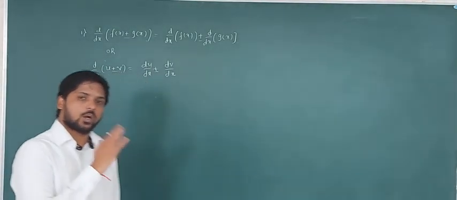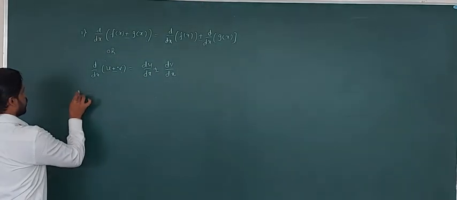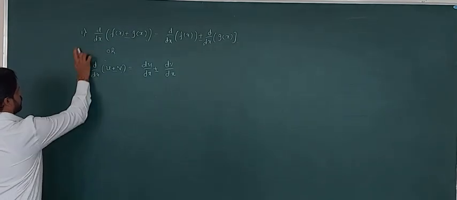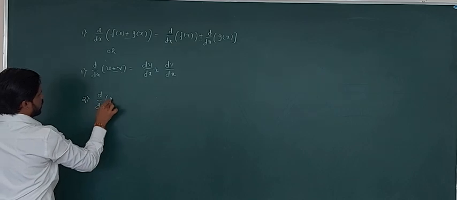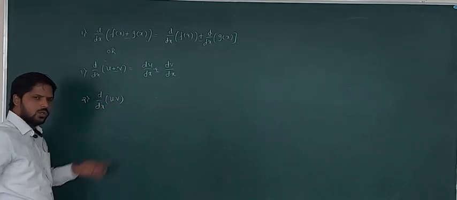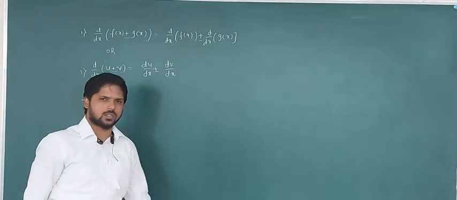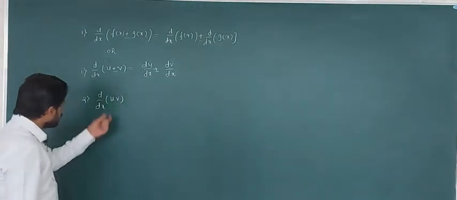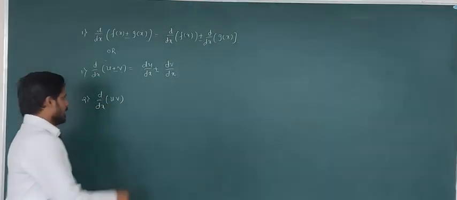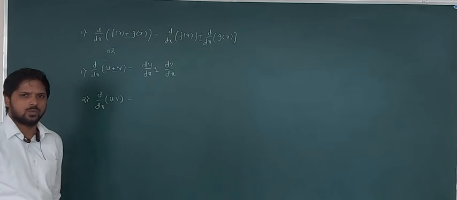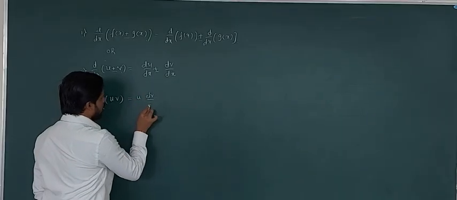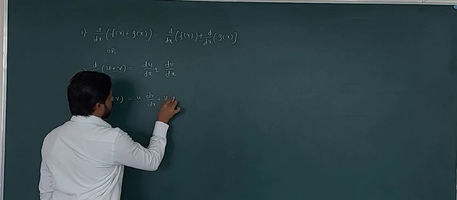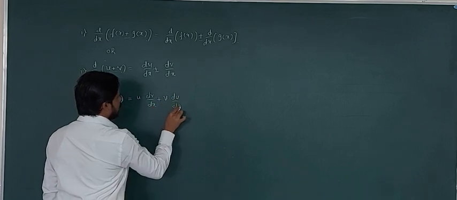What about the product of two functions? Consider d by dx of u into v. Here u is a function of x as well as v is a function of x. So the differentiation of the product of two functions is u into dv by dx plus v into du by dx.